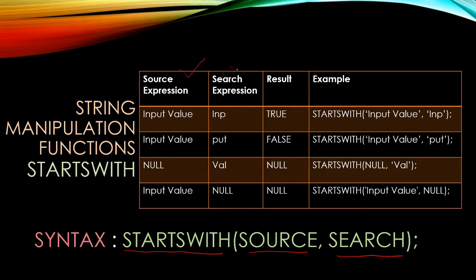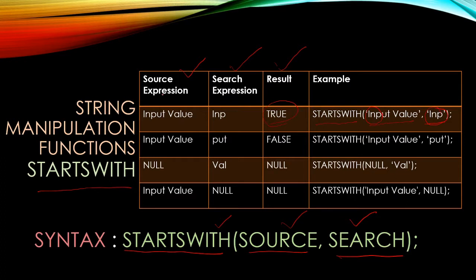Here are the different values for the source expression and the search expression, and how the results will be for the STARTSWITH function. As it is self-defined by the name, it expects the source expression to start with the search expression. So that's what happens here in the example. When the source expression starts with the search expression, then it returns a true value.